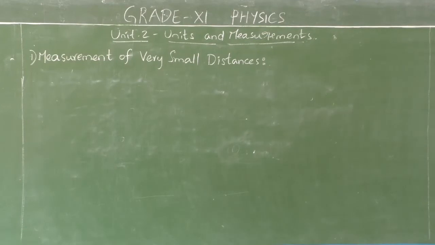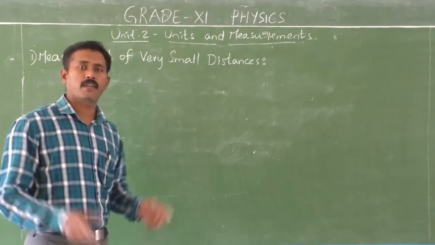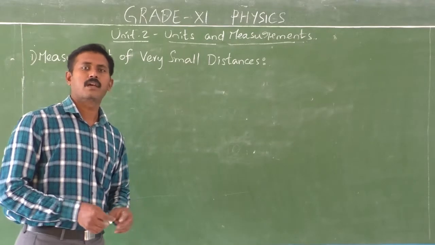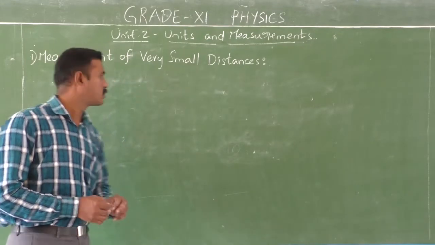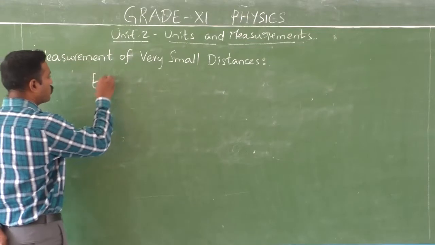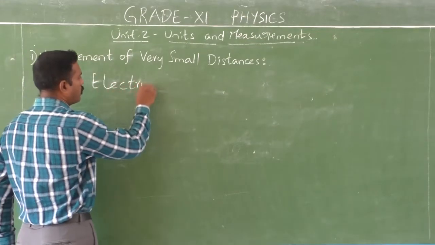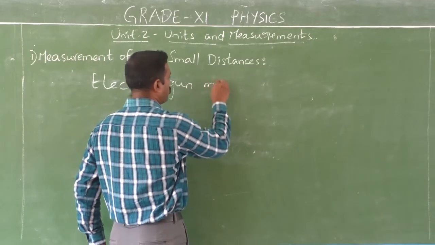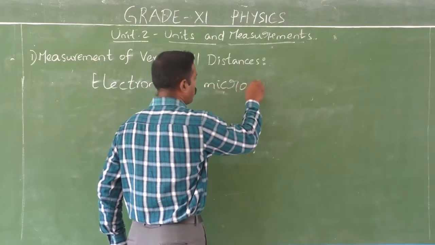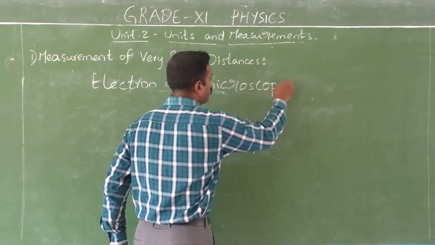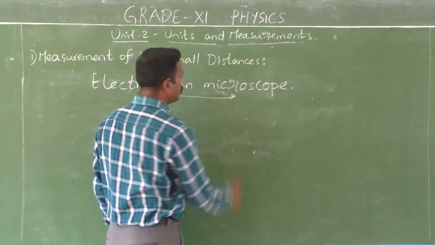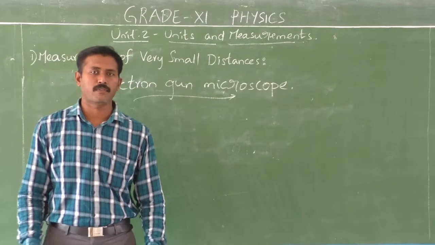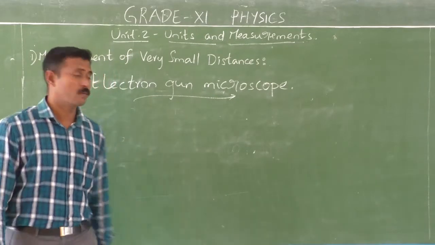To overcome the limitations of the optical microscope, the electron gun microscope was introduced in later years. The wavelength of the electron gun microscope is much smaller compared to that of the optical microscope.